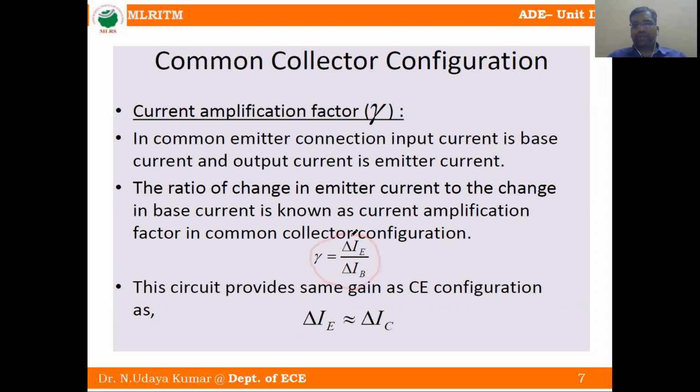We call this ratio the current amplification factor gamma. This circuit provides the same gain as the CE configuration. So gain is the same in both common emitter and common collector. The only difference is phase shift. Only gain is equal.